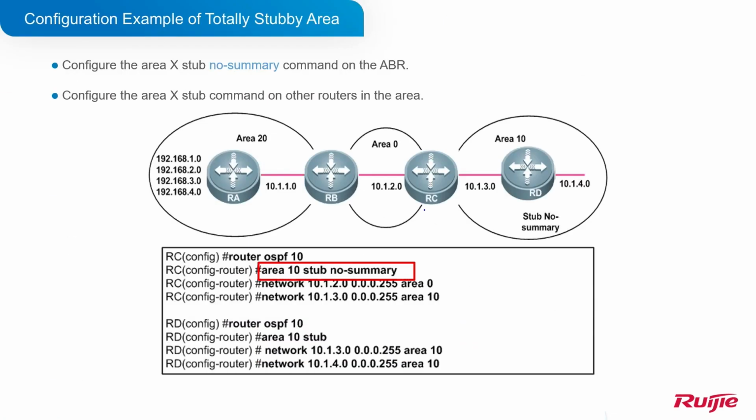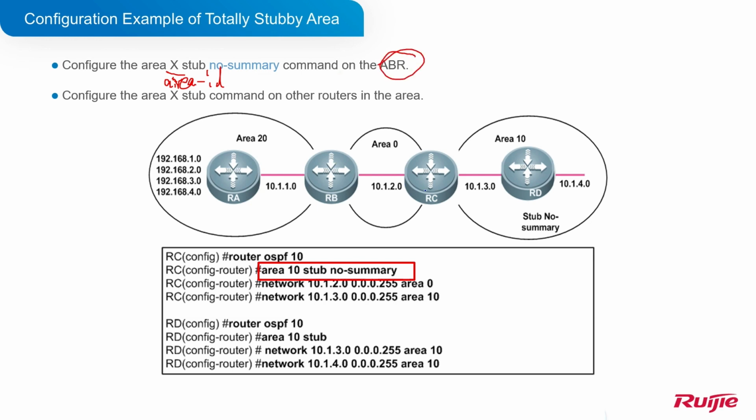And then we can learn the configuration example of the totally stub area. So here you can see, now we set the area 10 to become the totally stub area, and we use the area command and the area ID. This is the area ID, and then use a stub no-summary command on the ABR device.